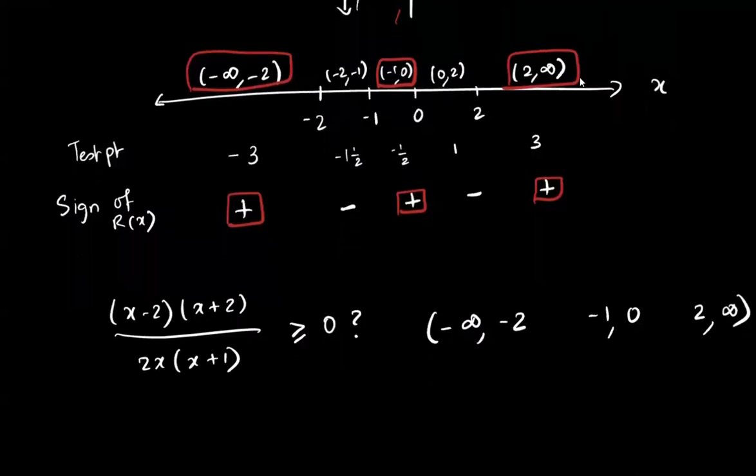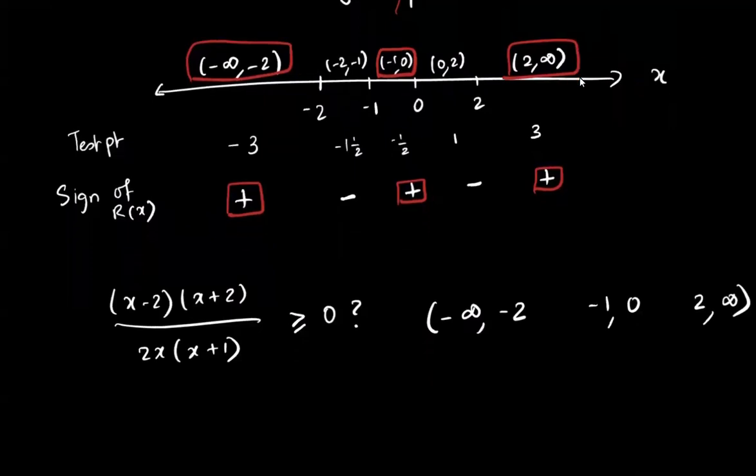Now my question is, am I going to put a bracket? On which ones will I put a bracket? You have to be careful. Don't put a bracket on a vertical asymptote. You can only put a bracket on the x-intercept if your inequality had an equal to sign.